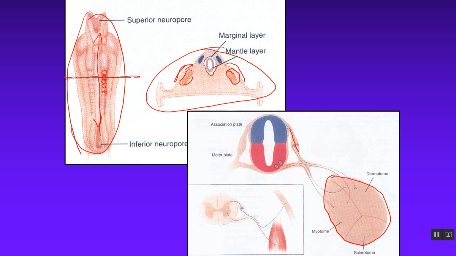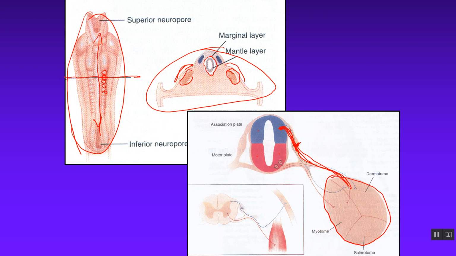this neural tube divides originally into a marginal and mantle layer, but then eventually into the motor or basal plate and the sensory or alar plates. That's where you get the differentiation of the gray matter, and you have the cell bodies in here. Well, actually, the cell bodies for the sensory are out here in the dorsal root ganglion, but the spinal nerve associated with that comes in to go into the back of the spinal cord through the dorsal root.